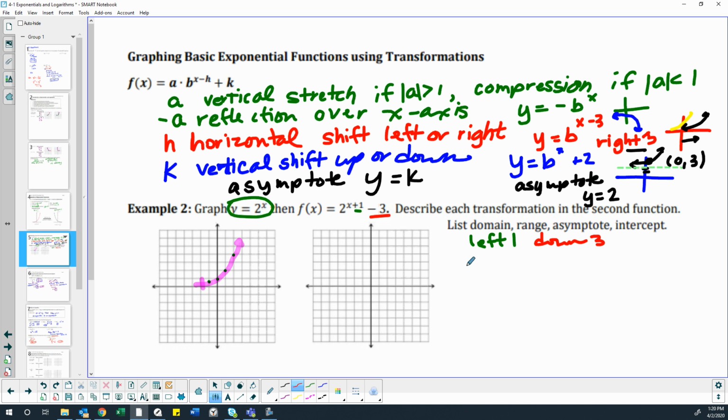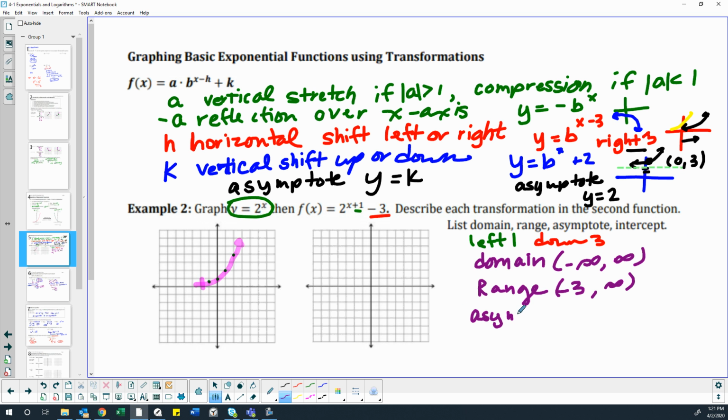So domain is actually going to stay as all real numbers. That won't change. The range, instead of going from 0 to infinity, it's going down 3. So it's going to go from -3 to infinity instead.